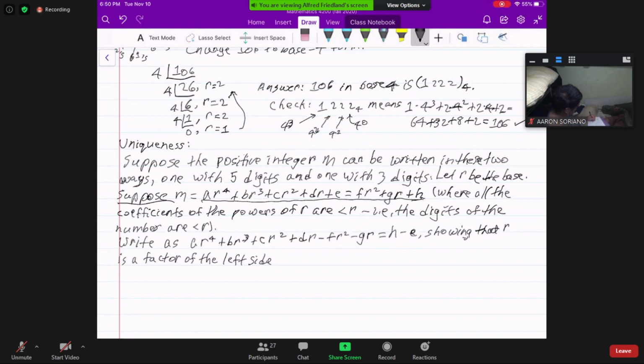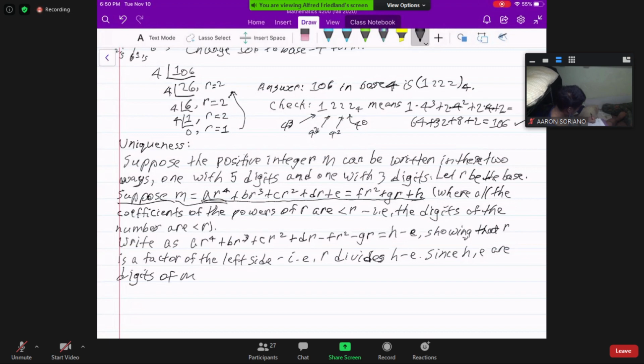So you could pull, I'm not going to write this, but you could pull out the R and have it as R times, whatever is left in there, which would show that R divides H minus E. Since H and E are digits of this number M up here, they're digits.